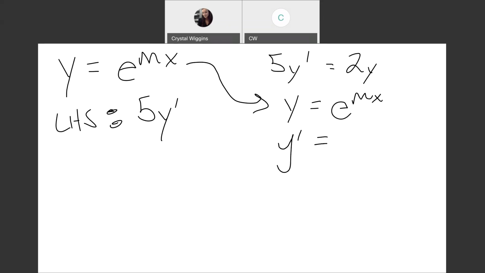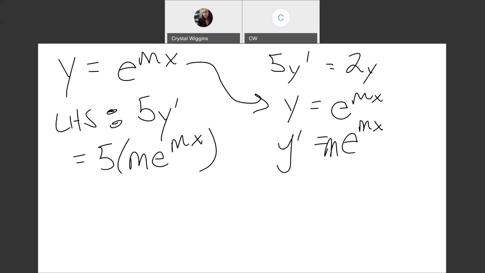The derivative of e to the mx is exactly a copy times the derivative of what's inside. M, remember, is a parameter times the variable x, so it's like a coefficient, and the derivative of mx would just be m. So I'll multiply that in front because I like to put my coefficients in front of my functions. So now my left-hand side is 5 times m e to the mx.